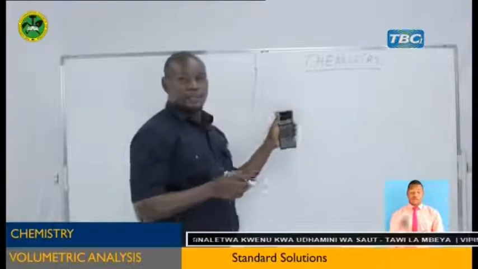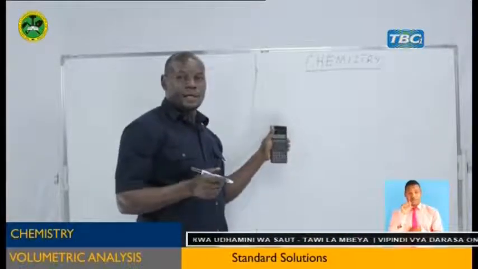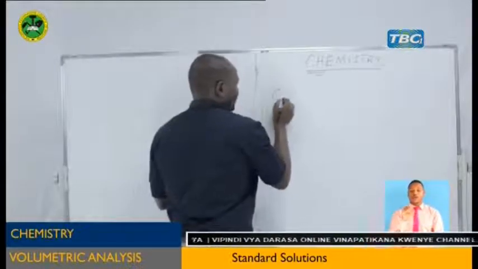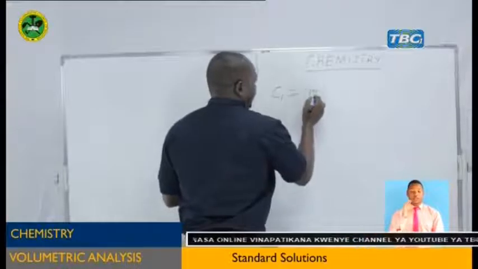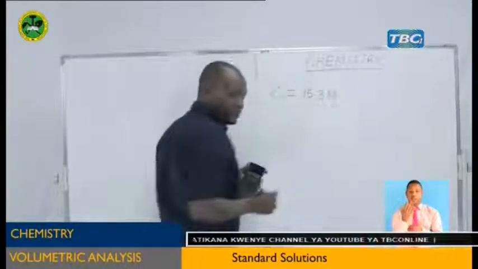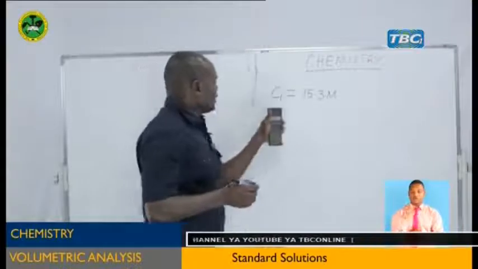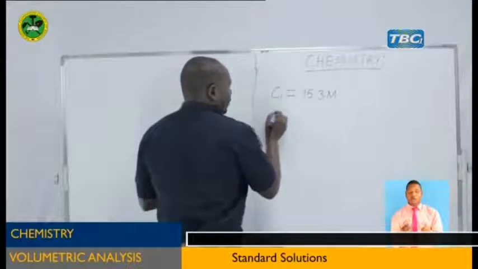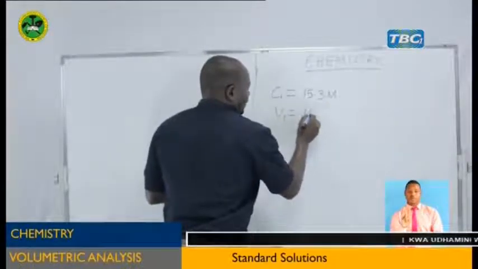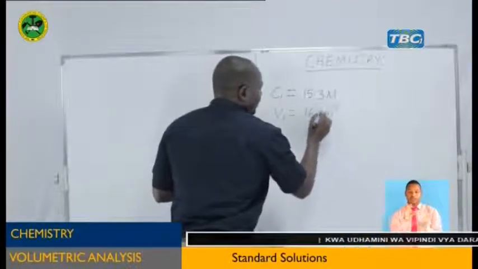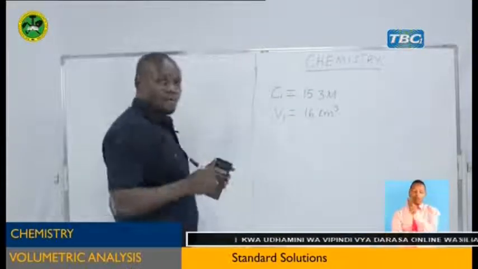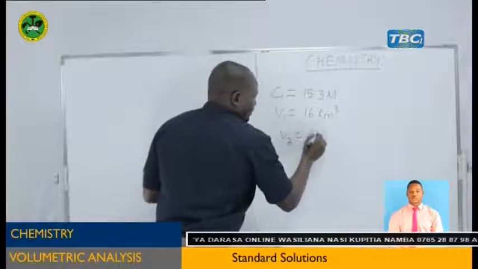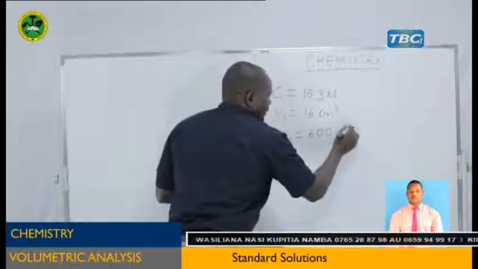Now, remember that on part A, we have obtained the concentration of the concentrated nitric acid, which is C1, as 15.3 moles per decimeter cubic. According to the question, we have been told that V1, 16 cubic centimeter of this concentration, was taken to form the 600 cubic centimeter.